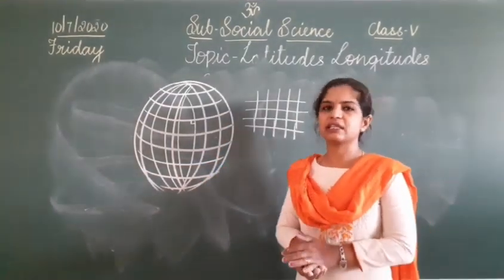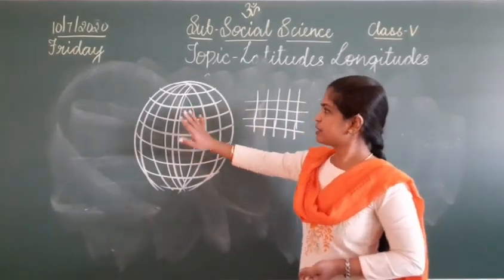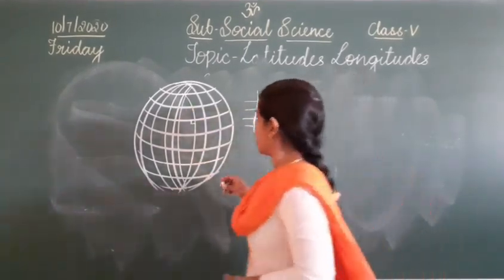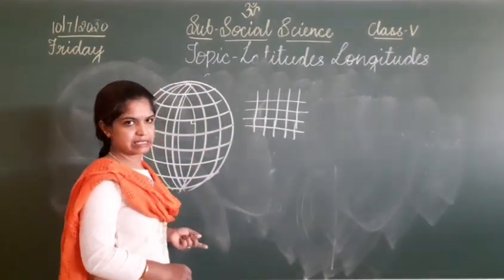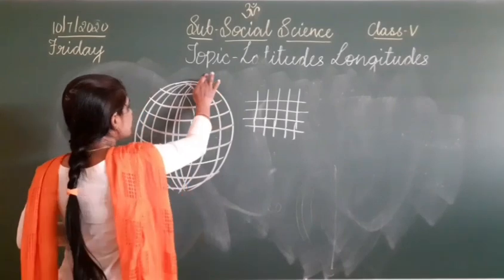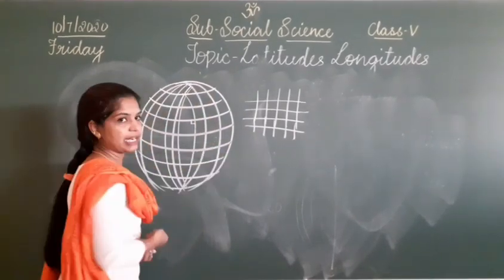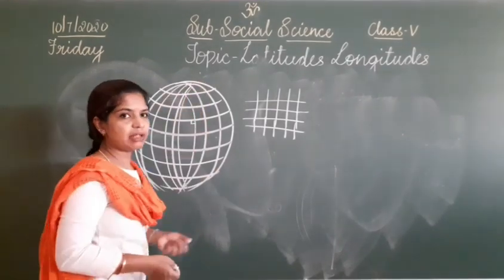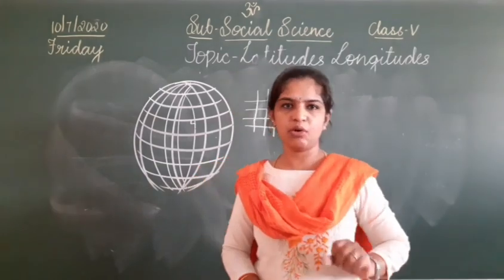A right angle means an angle which is equal to 90 degrees. Got it? So now with this grid we are going to locate places. How? We know the value of the longitudes. We know the value of the latitudes. If we know them, then it is easy for us to locate the place on the globe.